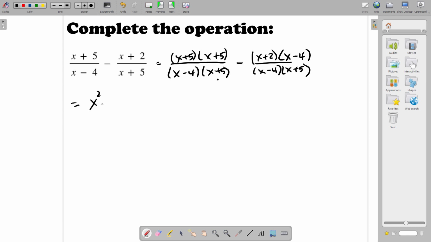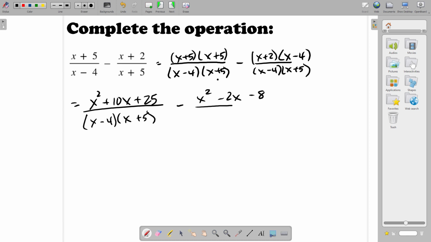So I get x squared plus 10x, 5x and 5x, plus 25, 5 times 5, minus, on the top here, x times x is x squared, negative 4x and positive 2x is negative 2x, and 2 times negative 4 is negative 8. And this is over x minus 4 times x plus 5.